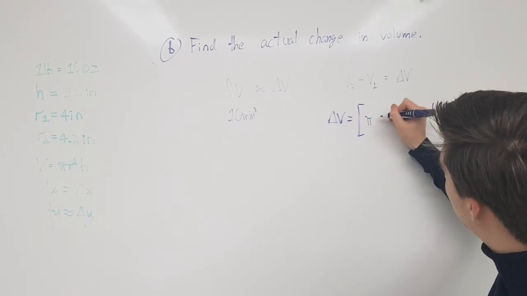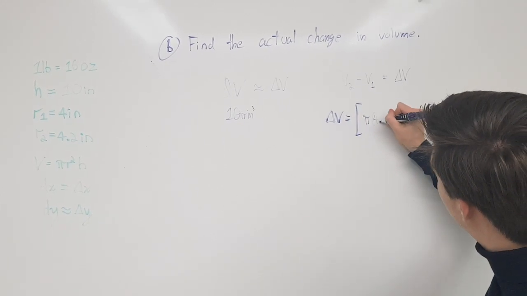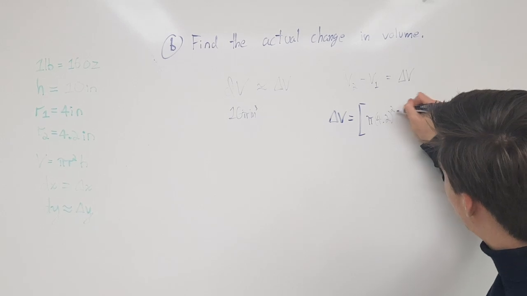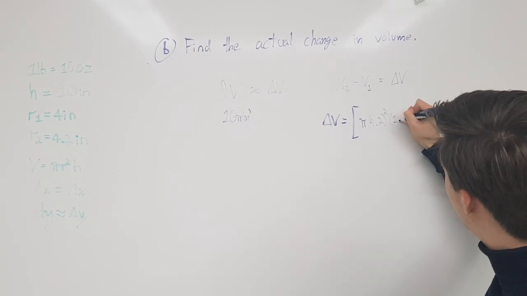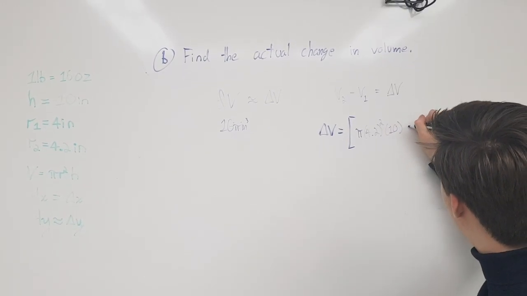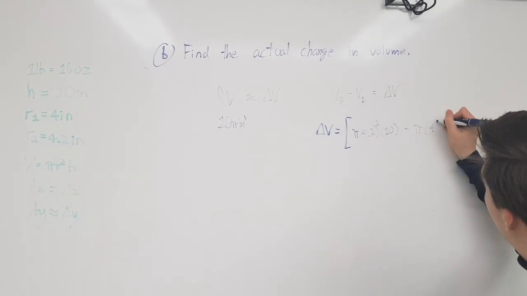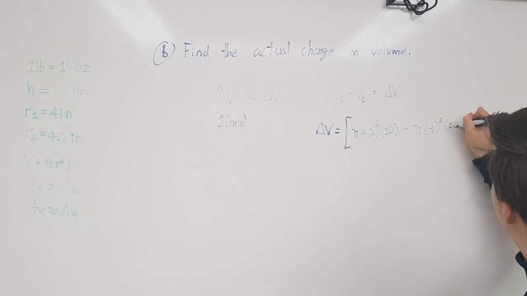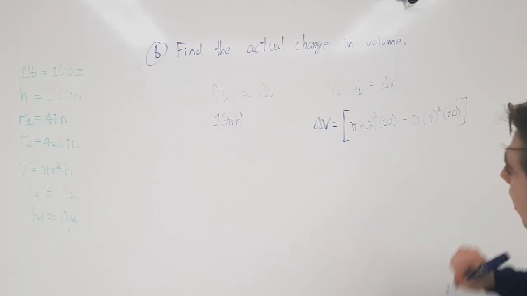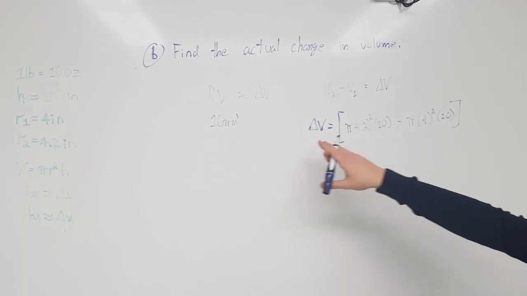pi times 4.2 squared times 10 minus pi times 4 squared times 10, and close the bracket, and this is going to be our formula for the change in volume.